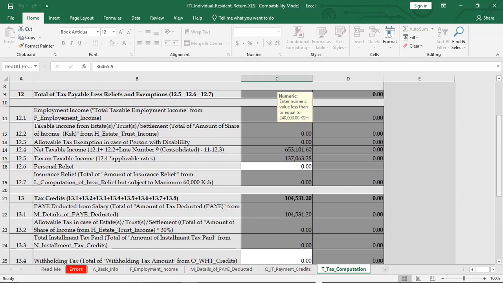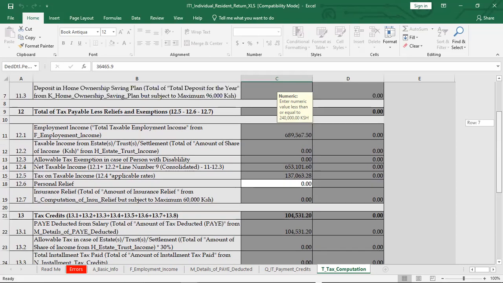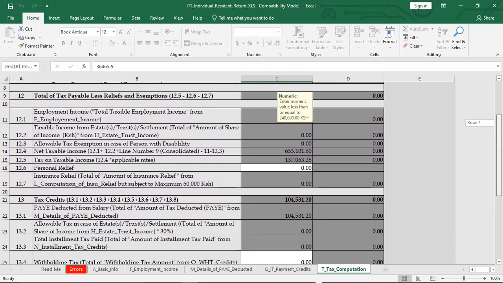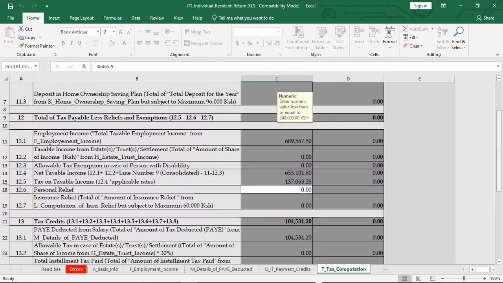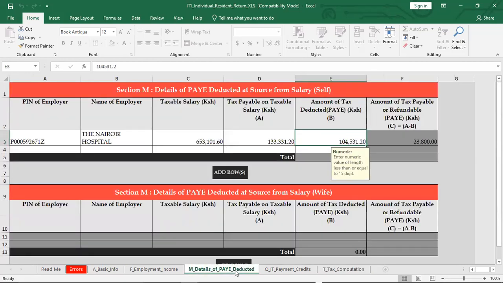Then another place you are supposed to fill is the personal relief. You remember where we saw it? We saw the personal relief here. You see the 28,800. So this is our personal relief.